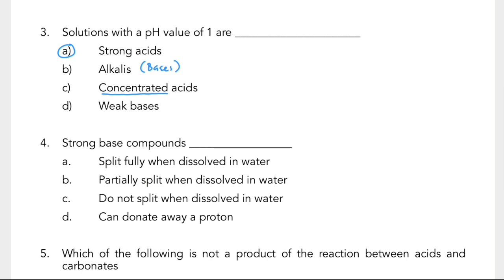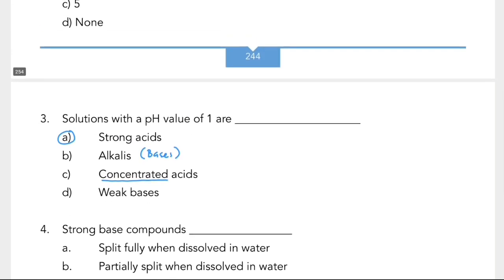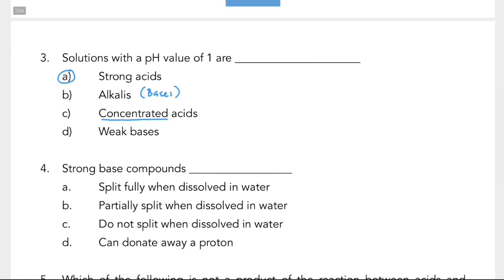For example, if we have a weak acid like lemon juice and we concentrate it, it doesn't become a strong acid. It just becomes concentrated lemon juice, but it is stronger than the weaker, dilute one. And then we have weak bases. Weak bases is not our answer, because weak bases go for a pH above 7.